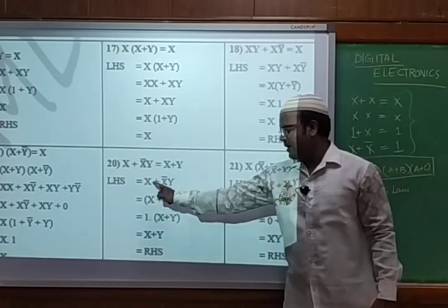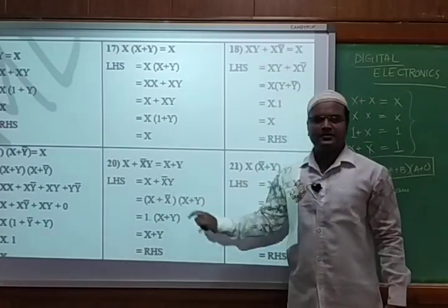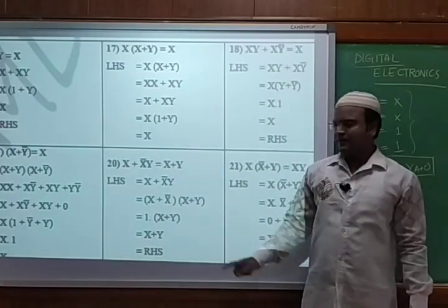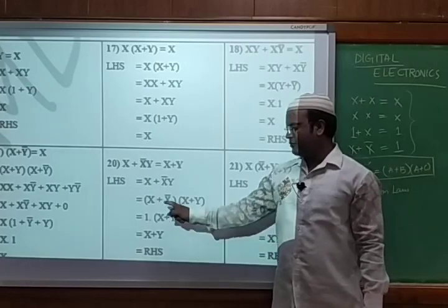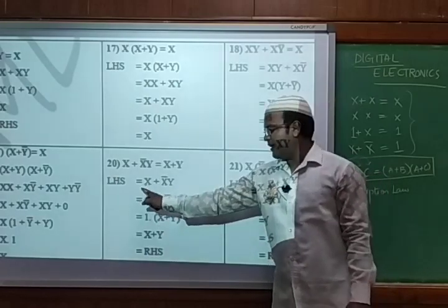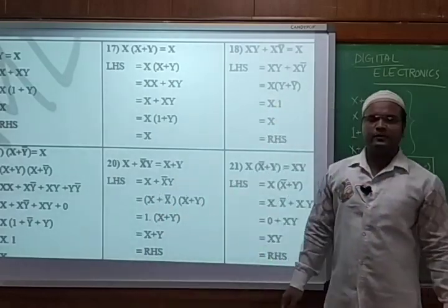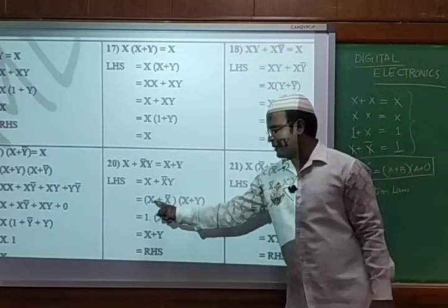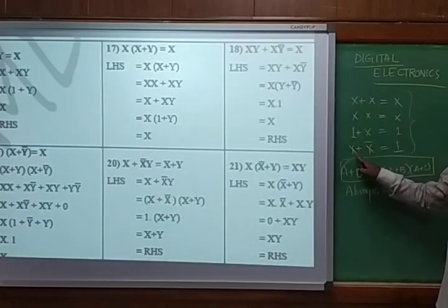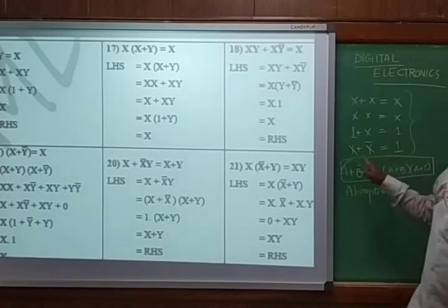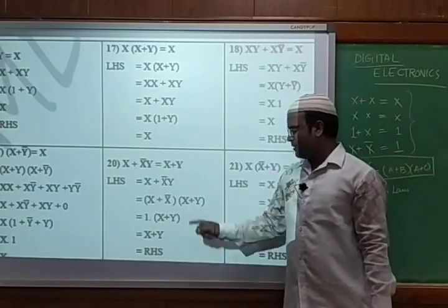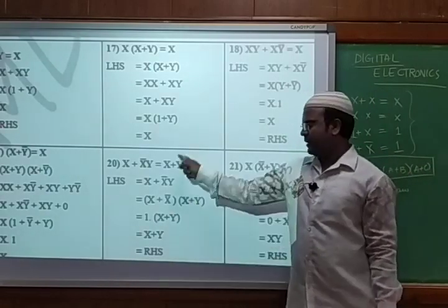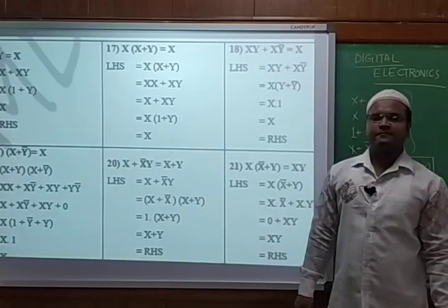So we are multiplying x with the first term, so it is x plus x bar, and then x with the next term, x plus y. So what is the value of x plus x bar? We have x plus x bar is 1. So that we are writing as 1. We are left with x plus y. That is your right hand side.